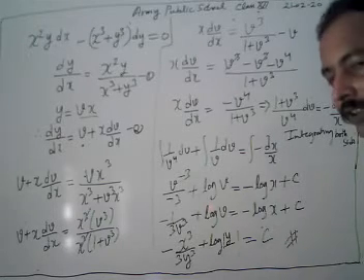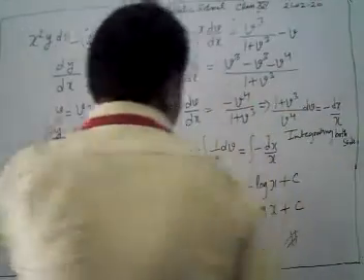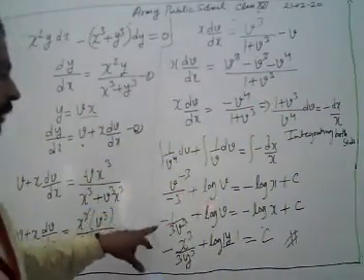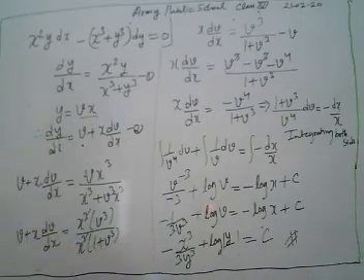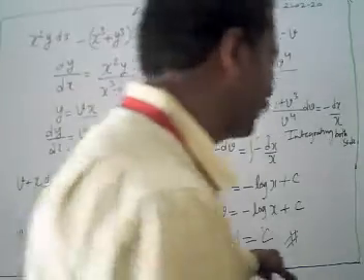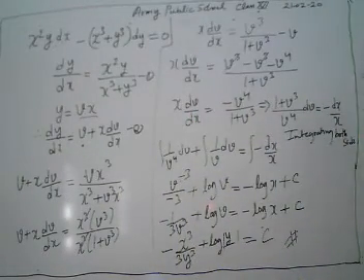After separation of variables, we just integrate it. After integrating, we put y by x in the place of v, and after solving we get our required result: minus x cube upon 3y cube plus log y equal to c.